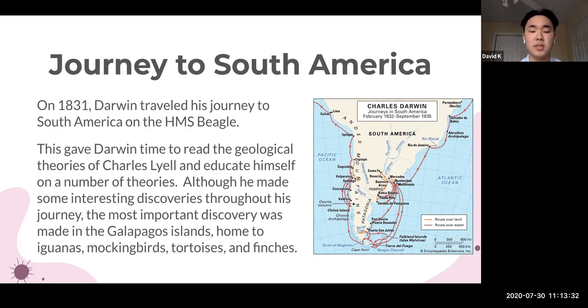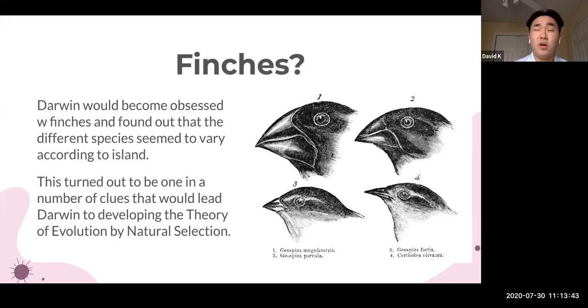But the most important discovery that he made was in the Galapagos Islands, which is home to iguanas, mockingbirds, tortoises, and finches. So what are finches? Finches are tiny birds that live in the Galapagos Islands. When Darwin saw these birds, he found that on different islands, these finches had different shapes and sizes of beaks.